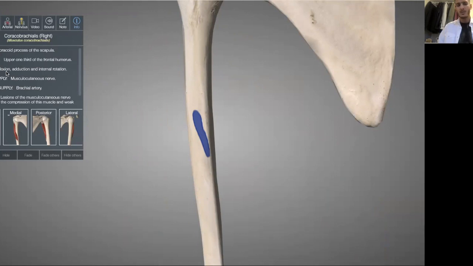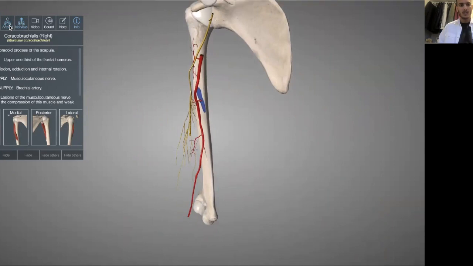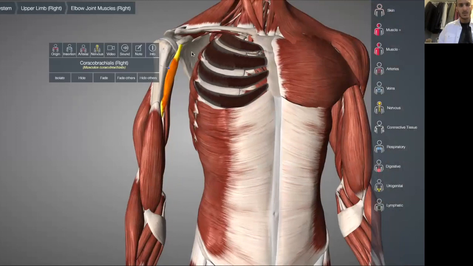Action, also flexion, adduction, and internal rotation of the arm above the elbow. The nerve supply is also the musculocutaneous. The arterial supply is the brachial artery. Okay, that's the coracobrachialis. Hide it.